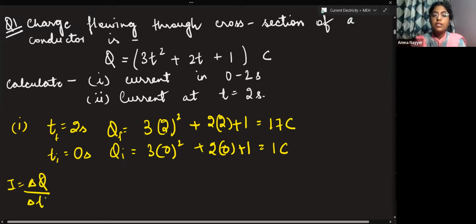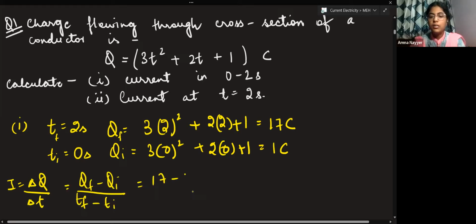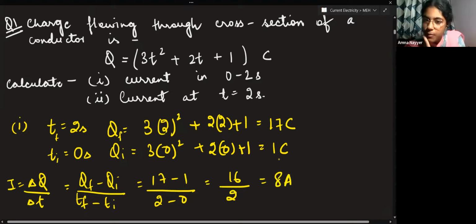How do we calculate the change? Final minus initial, divided by the time interval, time final minus time initial. That becomes 17 minus 1 divided by 2 minus 0. That is 16 divided by 2, which is 8 amperes. Is this part clear?